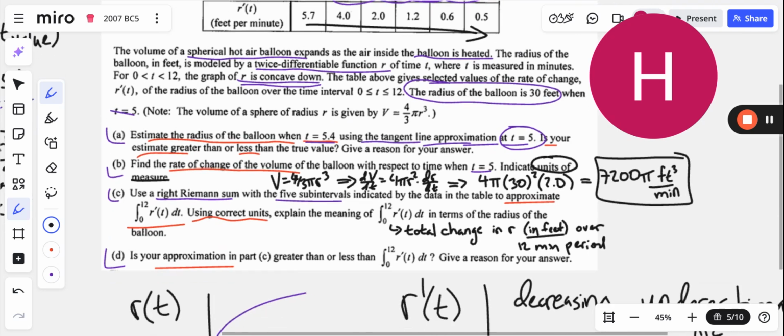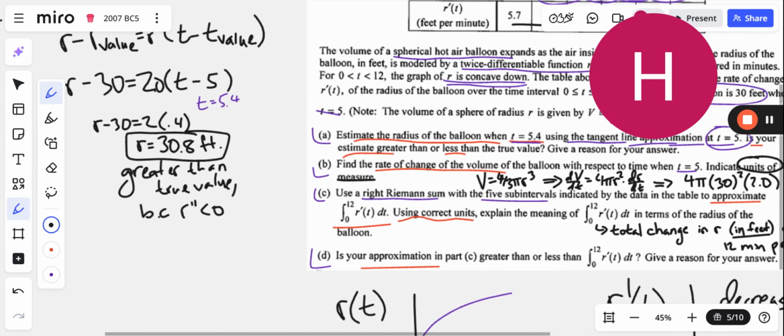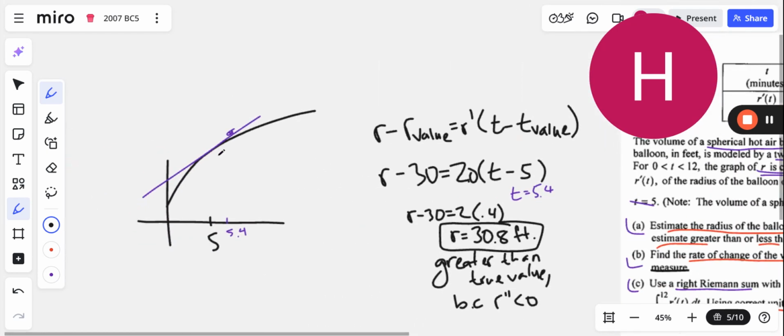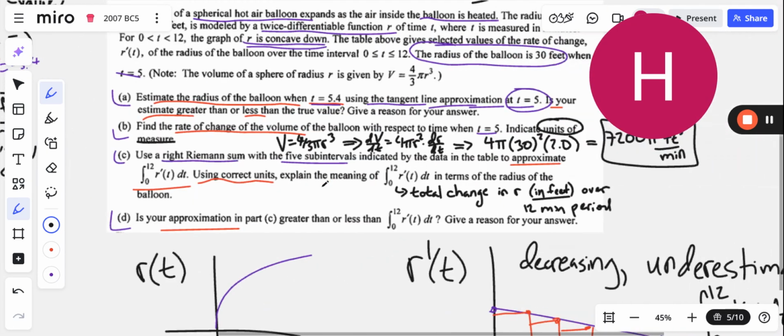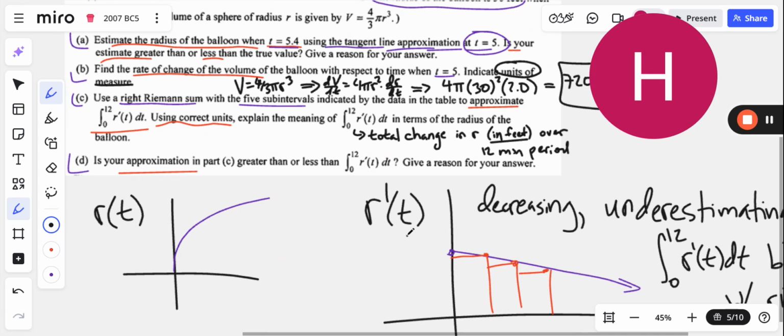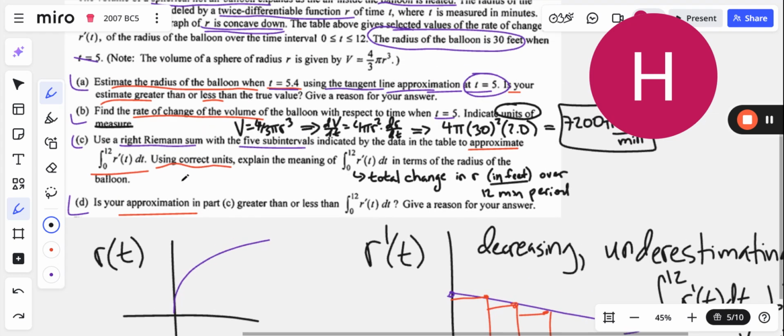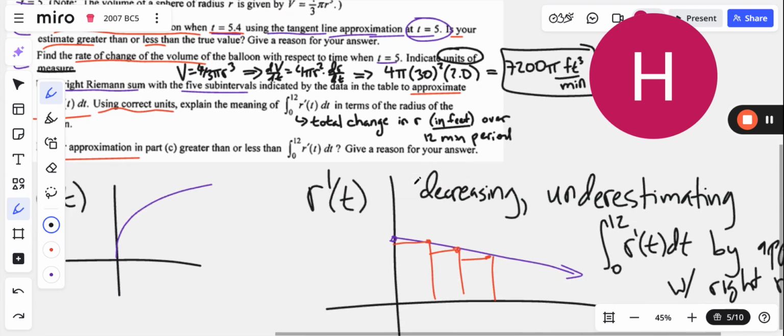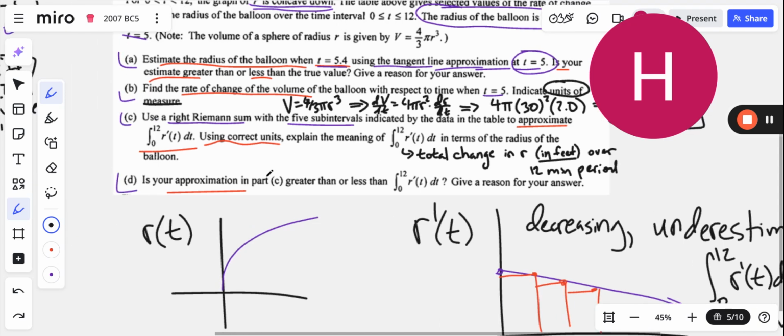And then be really aware of under or over approximations, based on the shape of the function. And last but not least, don't forget units in a problem like this. That's probably the silliest thing to miss points on. When they say use correct units, it's because you can get 1 out of the 9 points removed by not including units. So we have them there, and we stated them twice for part C.